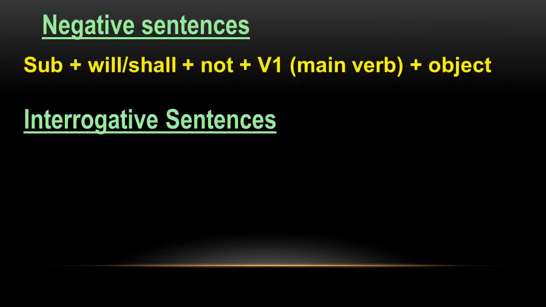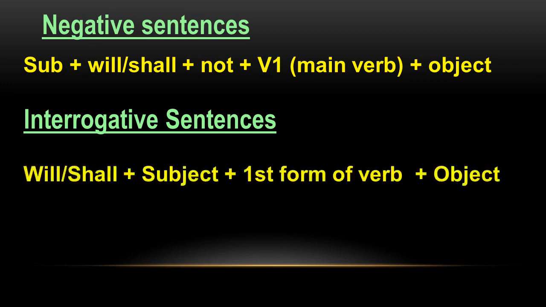For negative sentences, after the auxiliaries, that is will or shall, not will be used: subject plus will or shall plus not plus first form of the verb plus object. Then for interrogative sentences, auxiliaries will come forward: will or shall plus subject plus first form of verb plus object. So this is the basic structure of future indefinite tense.